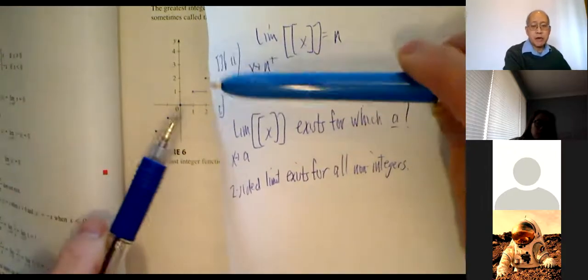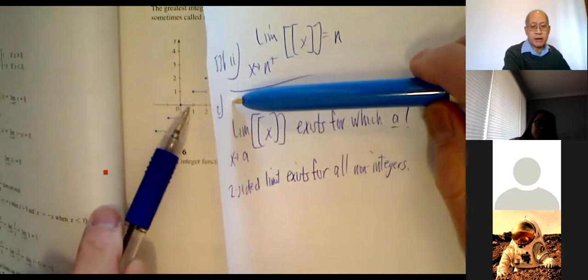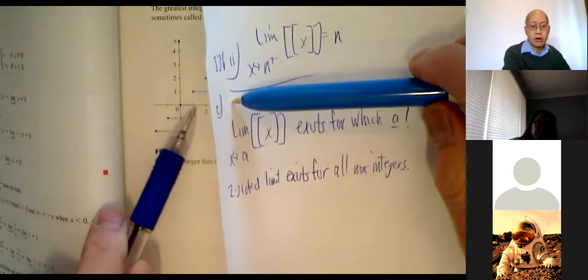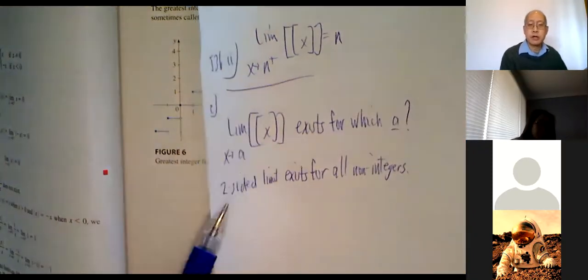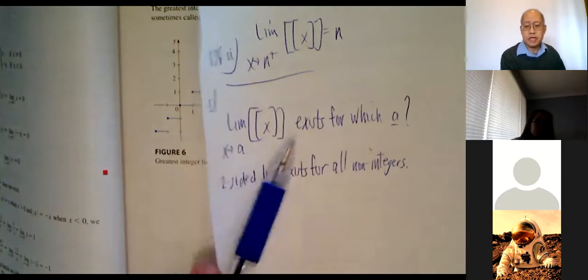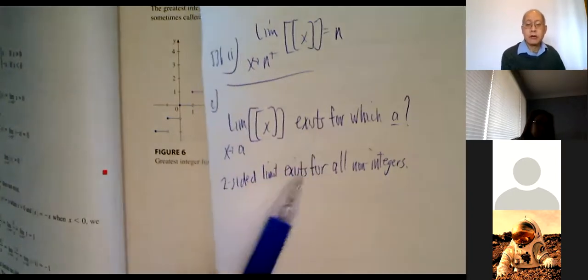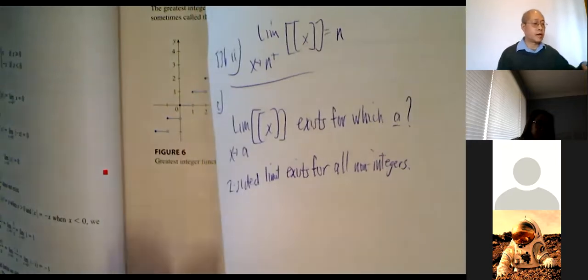But if I pick any in-between point, like 0.5, it doesn't matter if I'm coming from 0.49 or 0.51, all those values would jump down to 0 when I apply the greatest integer function. Right, so the answer to C is the two-sided limit exists for which values of A? All the non-integers. All right, so that's what we have for that one.